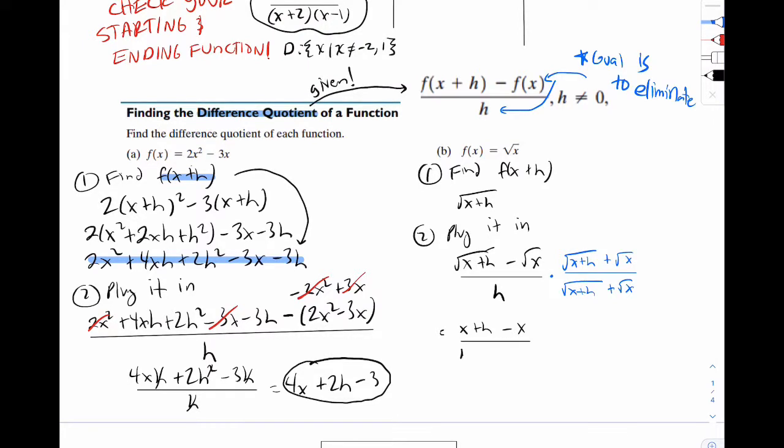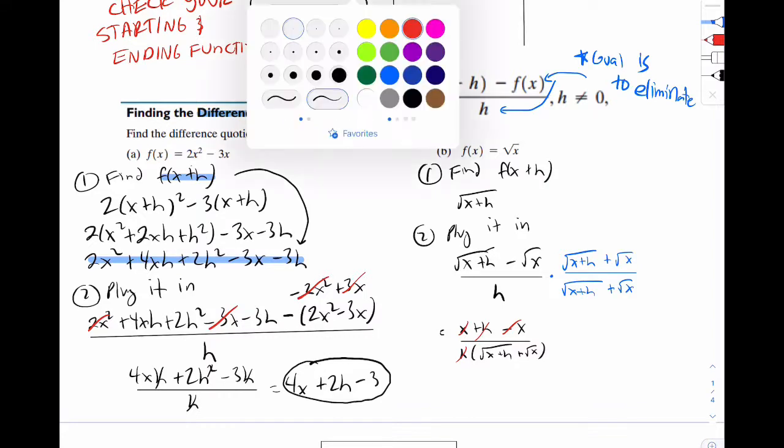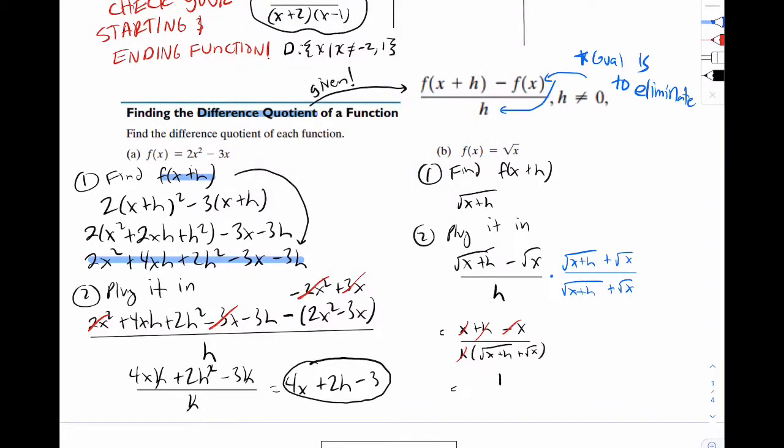And the bottom becomes h multiplied by the root of x plus h plus the root of x. Notice how the x's cancel and the h's cancel by doing that. So there it is. There's our answer. 1 over the root of x plus h plus the root of x. That's a pretty cool one.